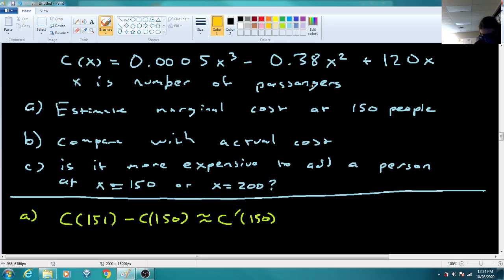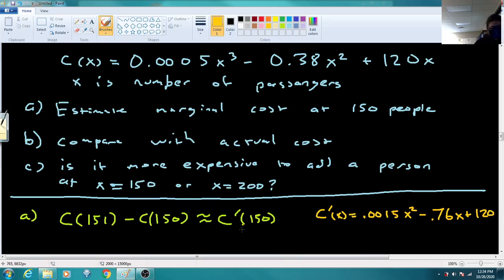So we're going to get 3 comes down, it hits the 0.0005. So the derivative is going to be 0.0015x squared minus 0.38 times 2. It's going to be 0.76x plus 120.